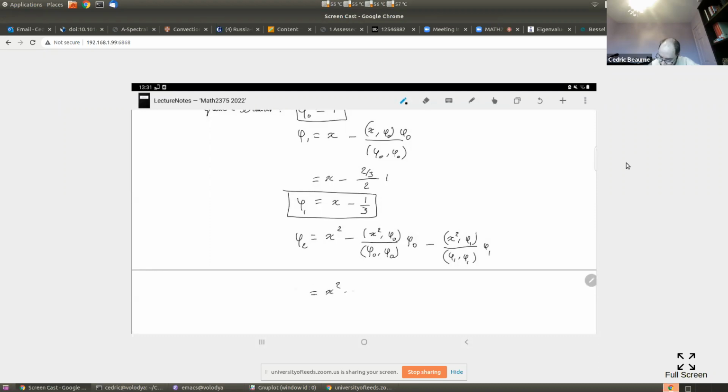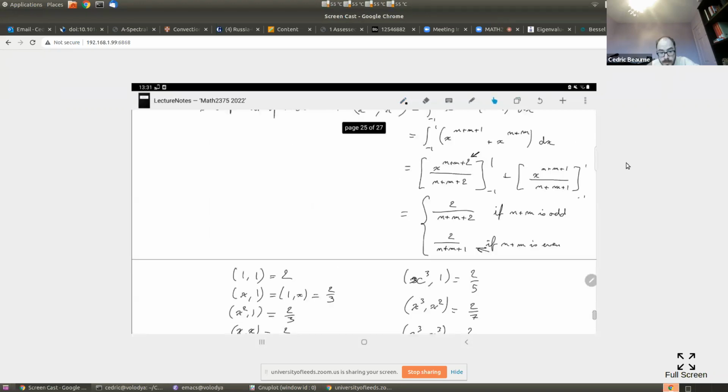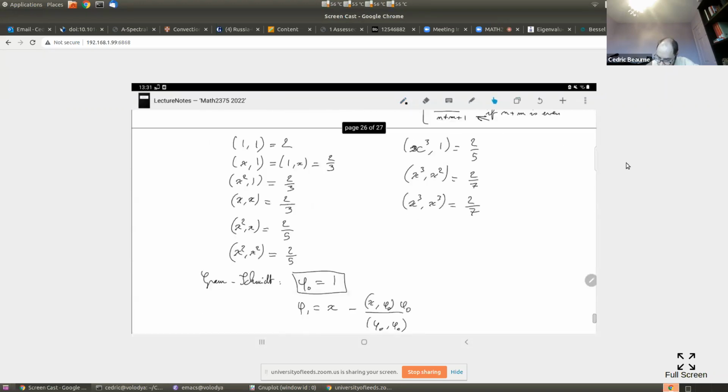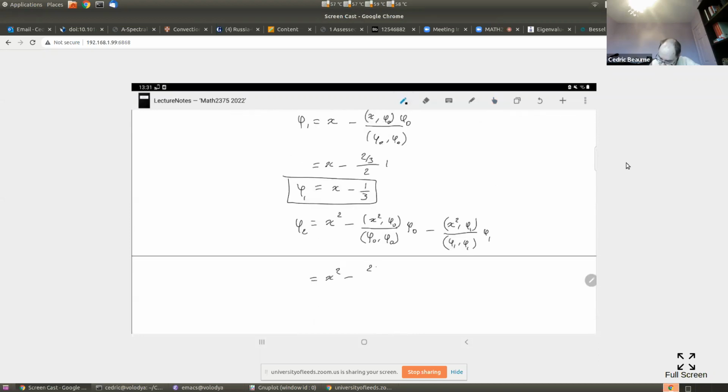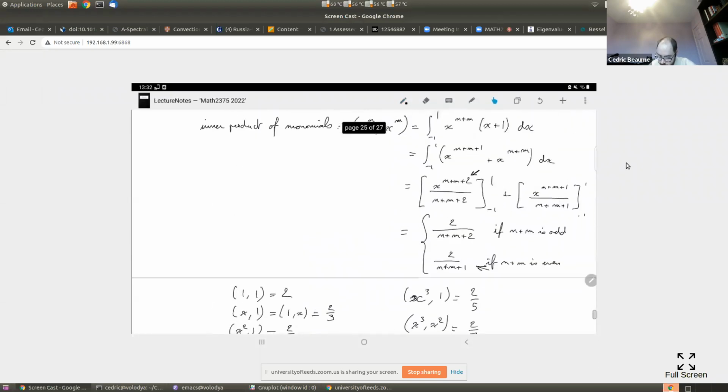So that's x squared minus the inner product between x squared and 1, which is 2/3. Okay. So we get minus 2/3. The inner product between 1 and 1 was 2. And then that function phi 0 is 1. And then we get the inner product between x squared and phi 1. Well, that's a little bit more complicated. Remember these inner products, you can distribute them when you have a sum in there.